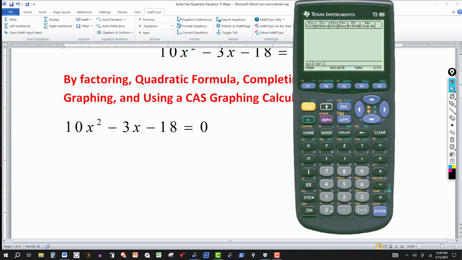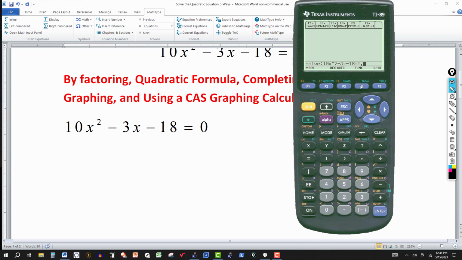So it's 1, 0, and then it's x squared, so x exponent, then minus 3x, then a minus 18, and then that's equal to 0, and then a comma here, and here I indicate what variable.